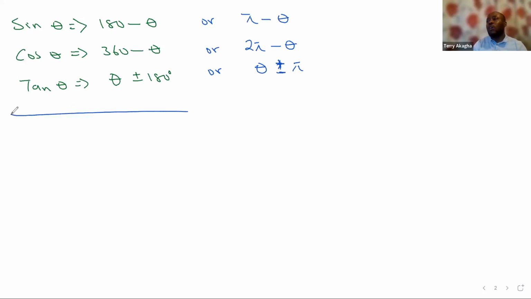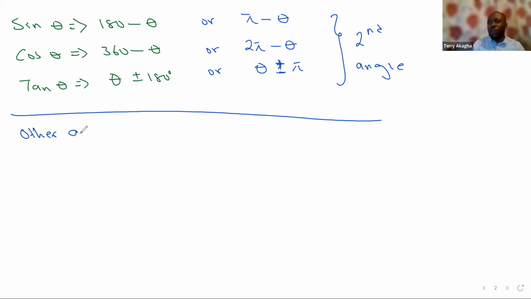So this is how to get the second angle. Now, how do you get the other angles? I explained in the video that to get the other angles, you need to keep on adding 360 or subtracting 360. So other angles will be theta plus or minus 360 degrees.